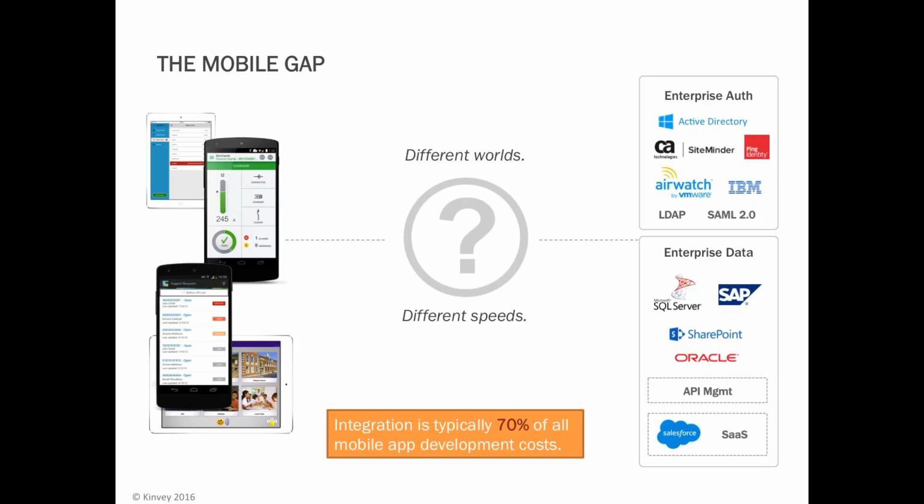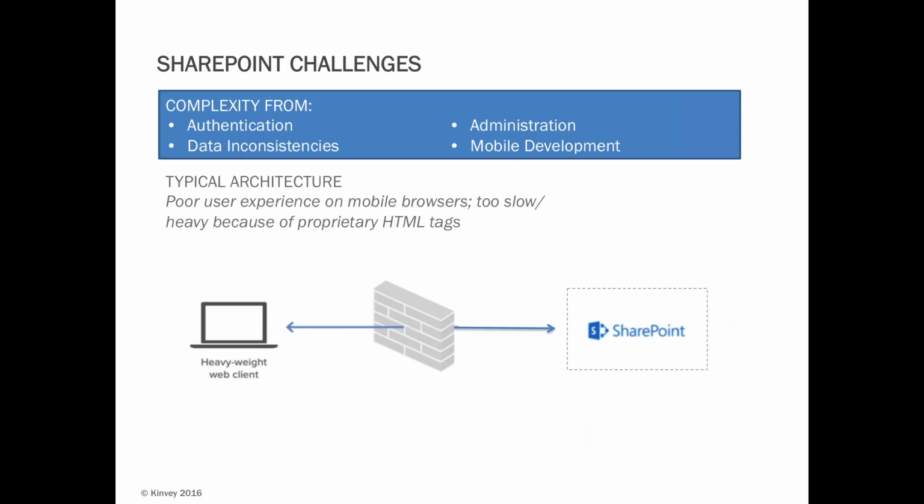Kinvey really solves that problem by standardizing things across the board, and our rapid connectors, such as our SharePoint one, are a key component of that. When you think about SharePoint specifically, there are some challenges. I've been in mobile development since around 2007 or so, and I'd say SharePoint is one of the top systems that companies want to put into their mobile apps, but they struggle to do it.